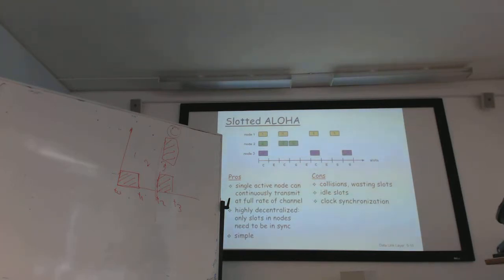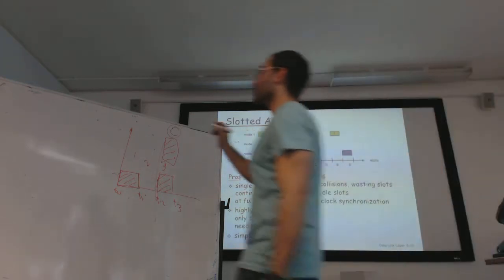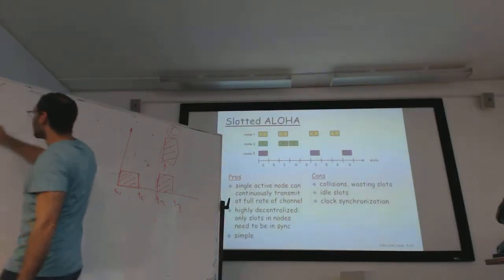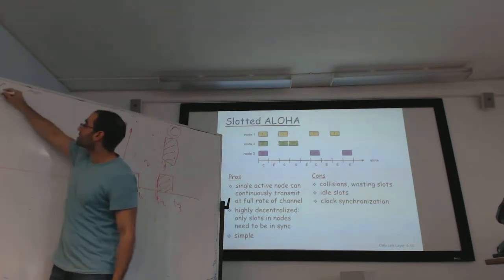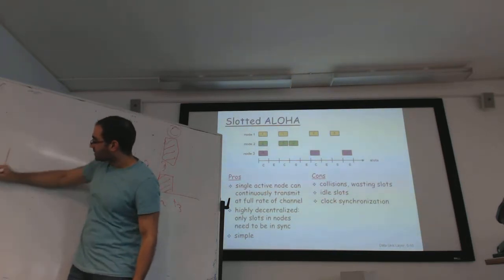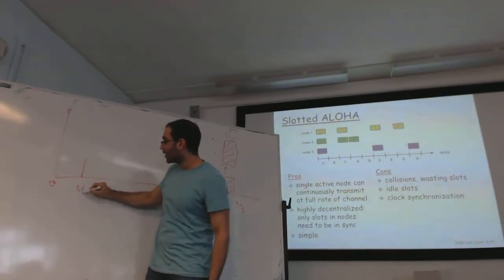Here you have 3 users, 1, 2, and 3, with 3 different colors. Each user is trying to transmit at the 0 millisecond. You can see all 3 of them trying to send exactly at this time slot, T0, T1.